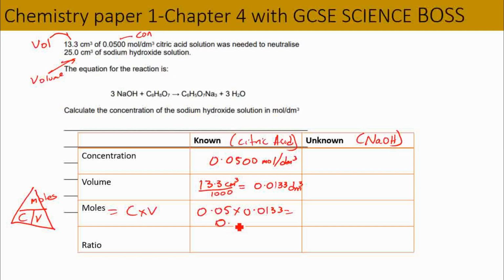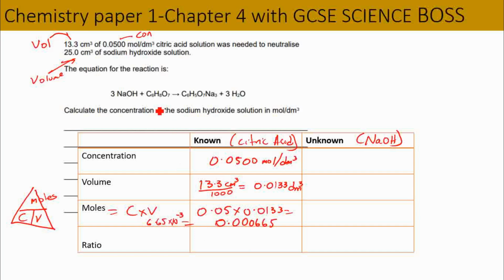You're going to get this on your calculator: 0.0000665, or some calculators will give you 6.65 times 10 to the minus 3. If you get that, it's the same thing, 6.65 times 10 to the minus 3 moles.